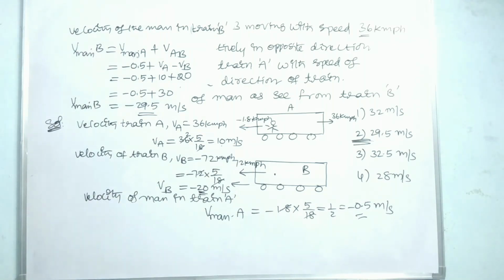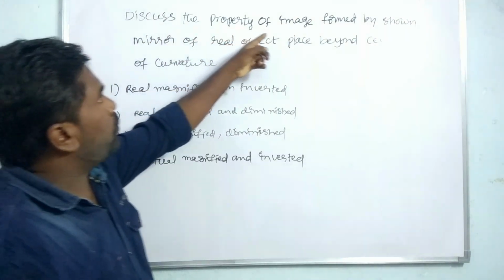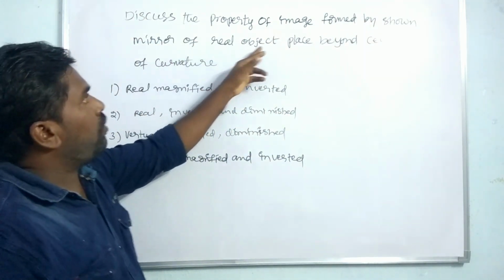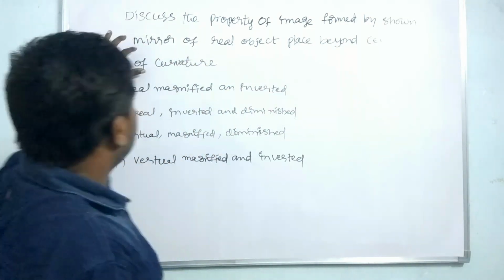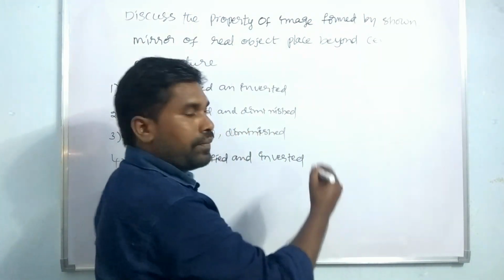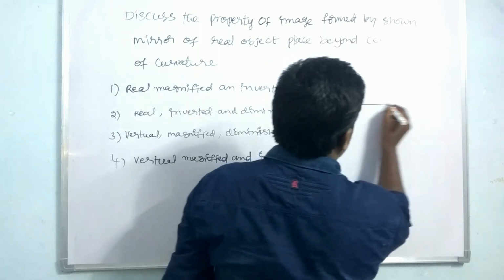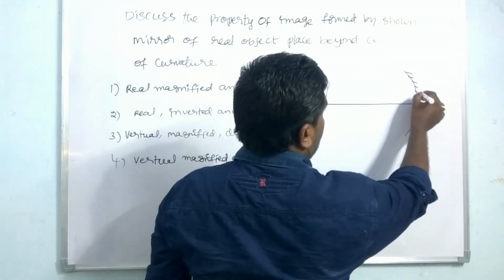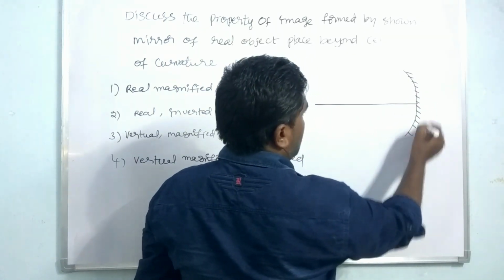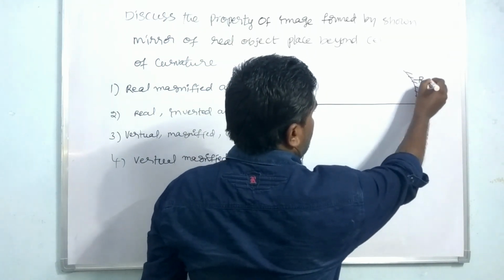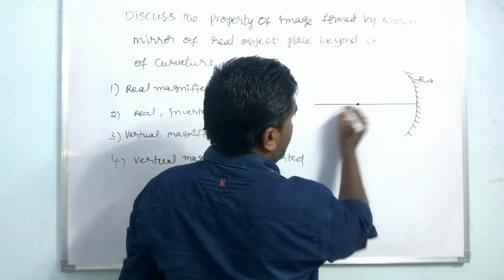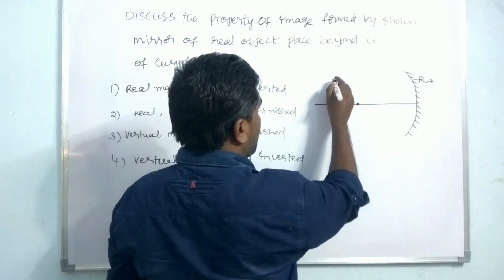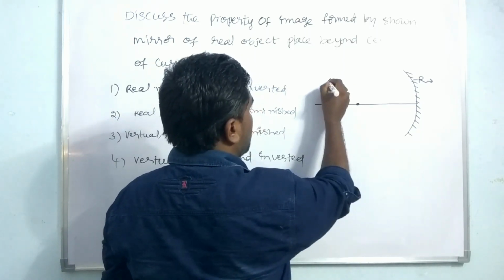Okay, one more question: discuss the property of the image formed by the shown mirror of a real object placed beyond the center of curvature. So this is the mirror, and this is the center of curvature.